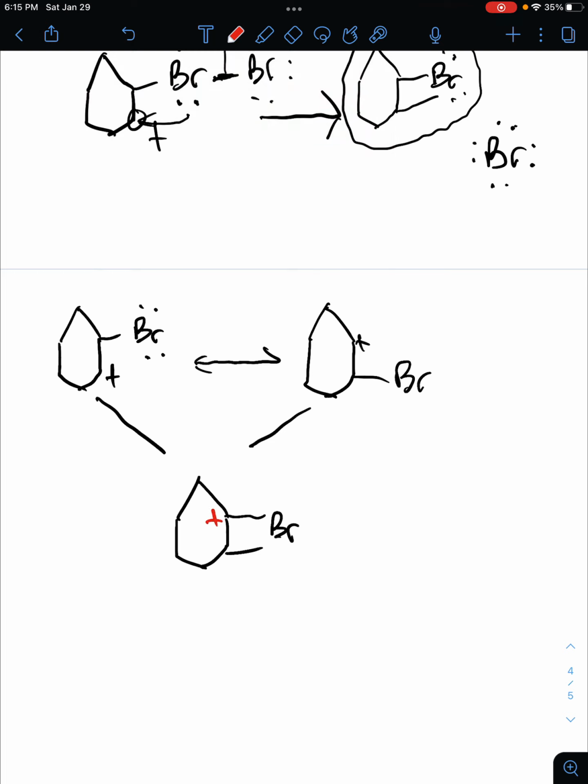So both of these carbons here are going to have a positive charge, and this is going to have the negative charge here. This is an electronegative atom, so it's going to be pulling, having an inductive effect, drawing electrons towards itself, or making these two carbons here be positive.